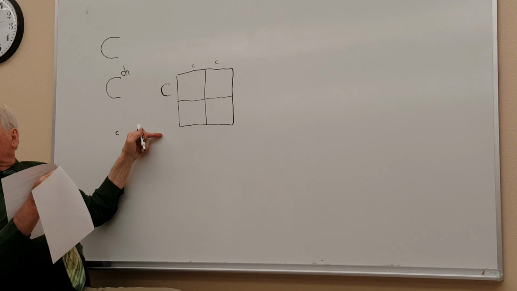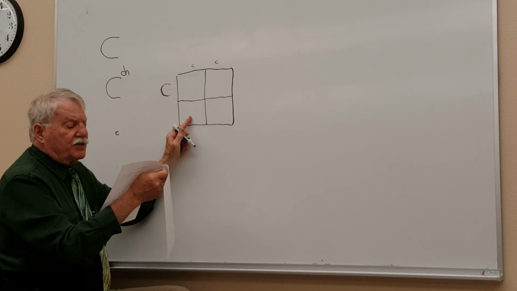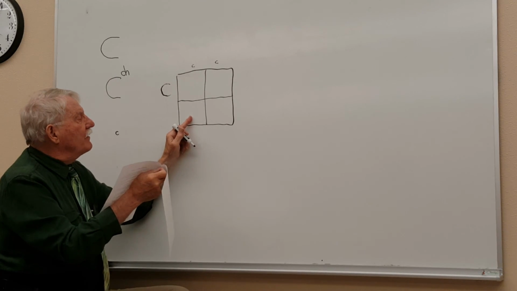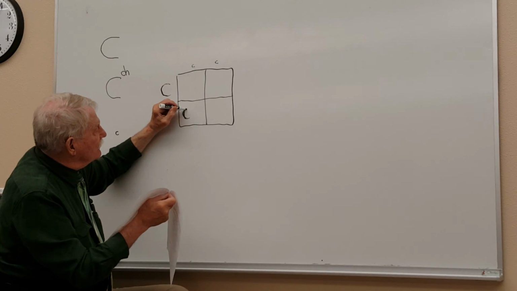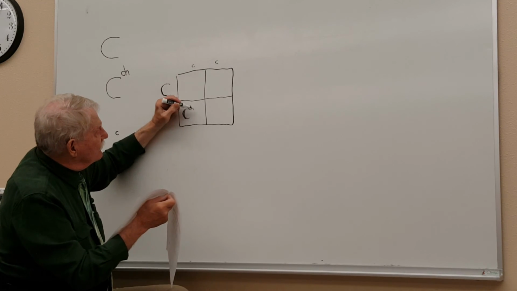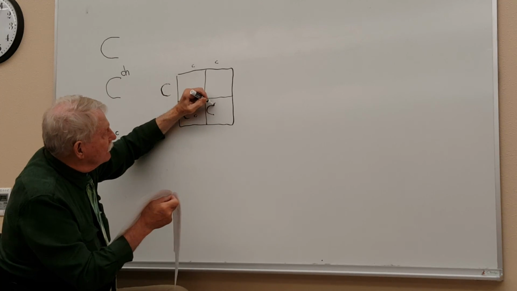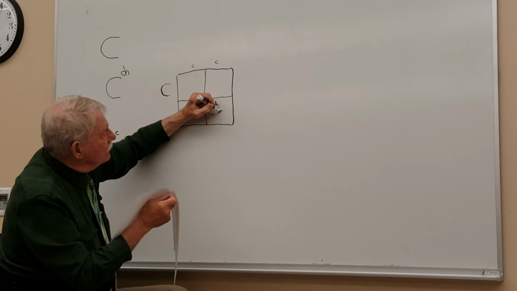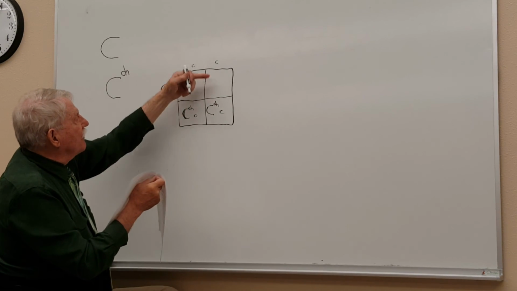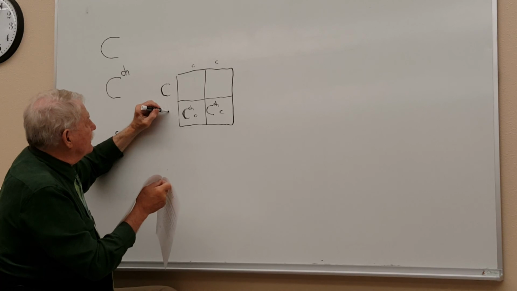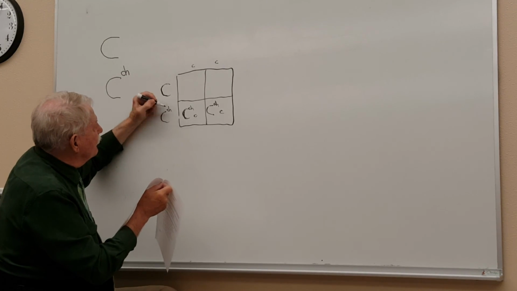Okay. So they told us though that 50% of the offspring were chinchilla. They had to have come from that, and this had to be, this thing is dying on me.